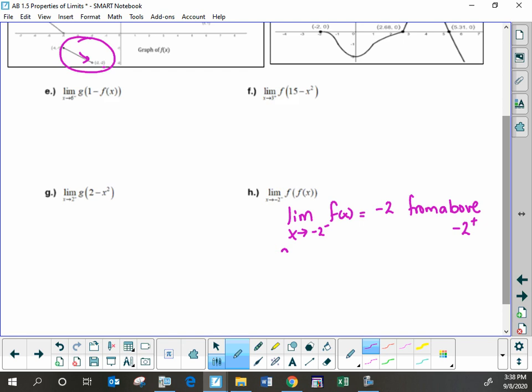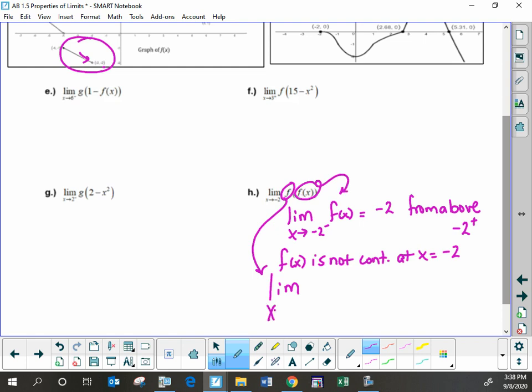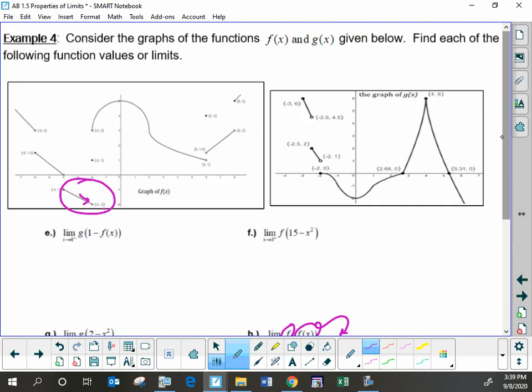And once again, f of x is not continuous at x equals negative 2. So now I want to take my outer function. Now I'm working on the outer function. This was the inner function. The limit as x approaches negative 2 from the right of f of x. So now we're going to jump on the other branch. 2 from the right would be, looks like it's a 3.